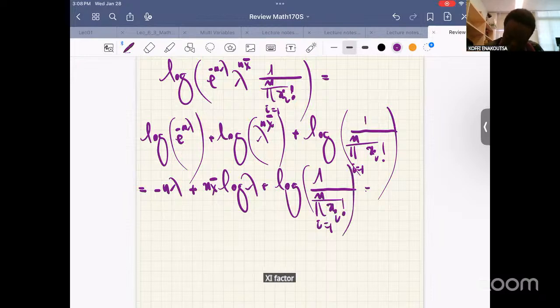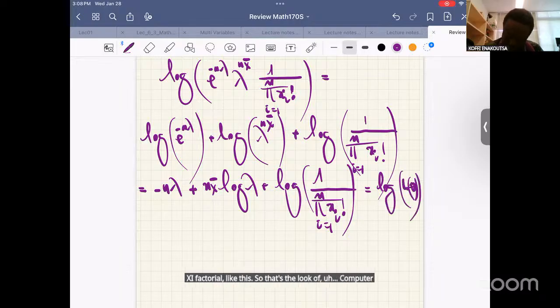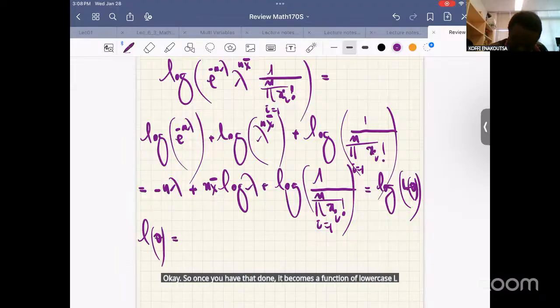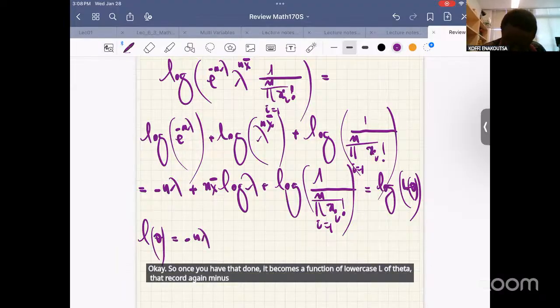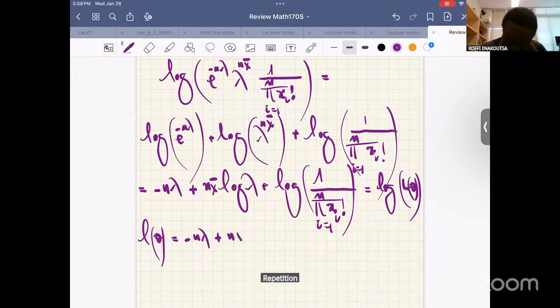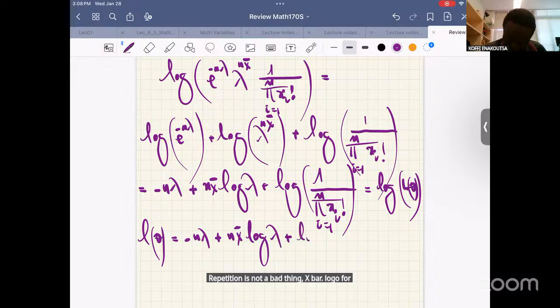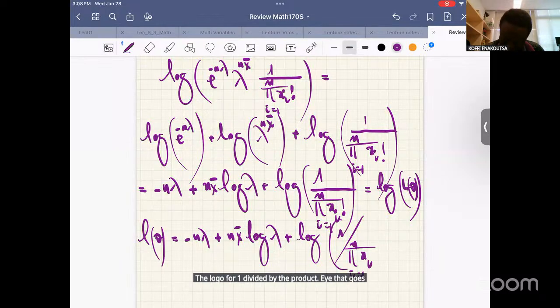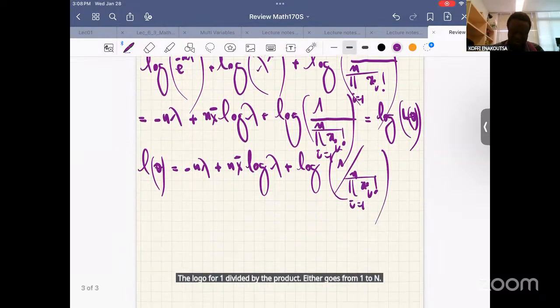So that's the log of capital L of theta. Once you have that done, it becomes the function lowercase l of theta, which equals again minus n lambda plus n x bar log of lambda plus the log of 1 divided by the product, i from 1 to n, of xi factorial.